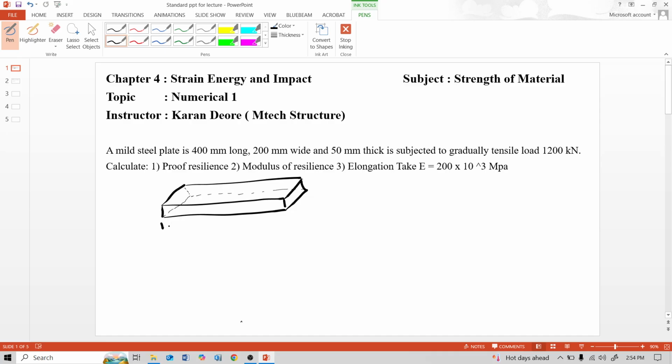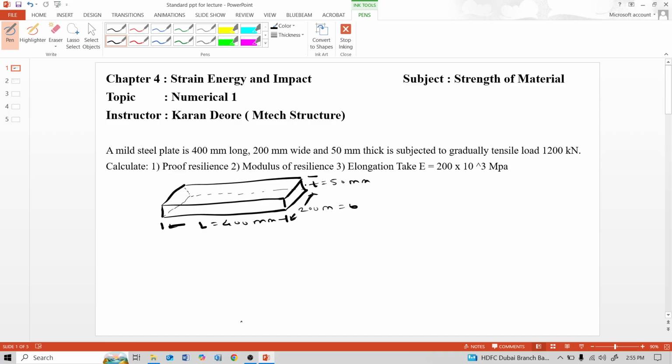This is the 400 mm length, this is the 200 mm width, and width is denoted as B, and thickness is 50 mm. Thickness is denoted as small t.